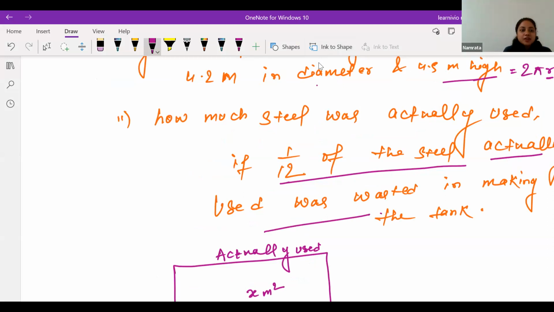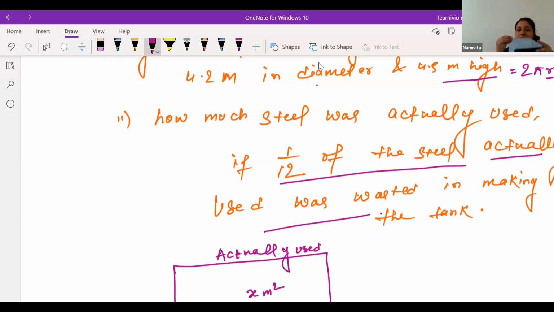It's clear. We just have to find curved surface area, that is 2 pi r h. Now the second part says, if this type of storage is there, then we are going to buy a steel sheet from the market. Suppose this is not paper, this is steel. Now we are going to wrap it like this.